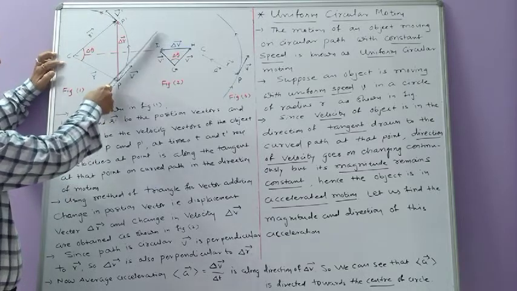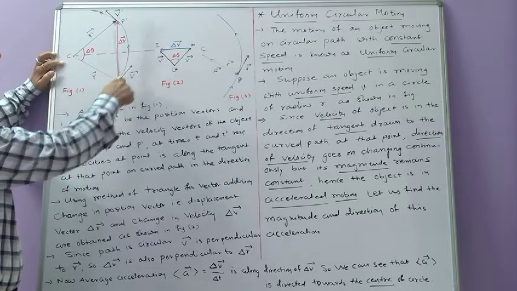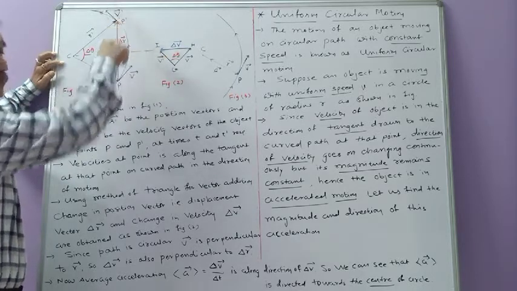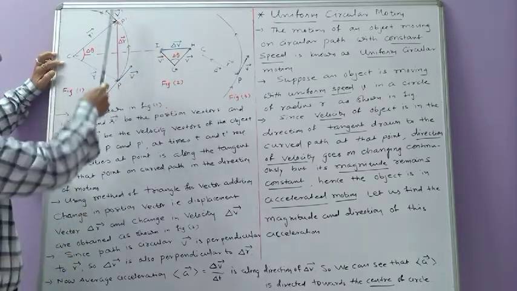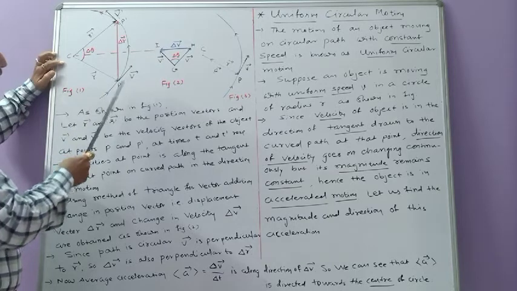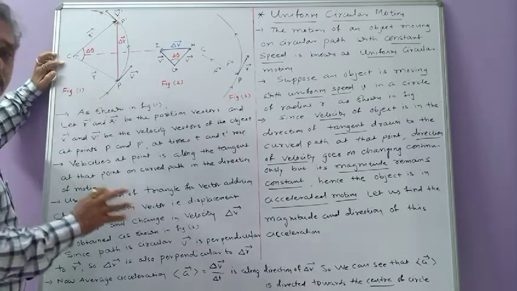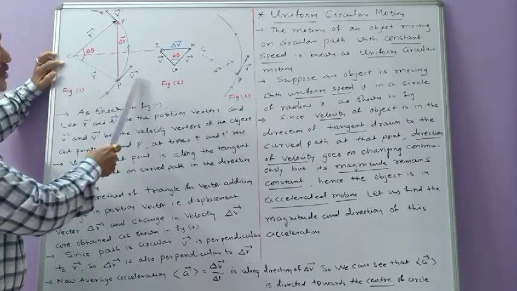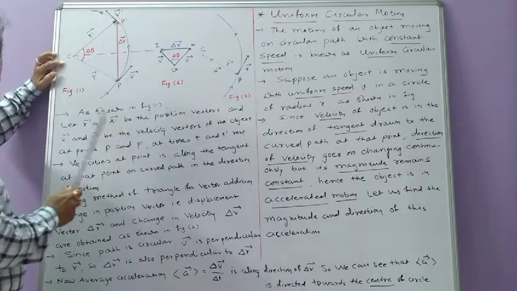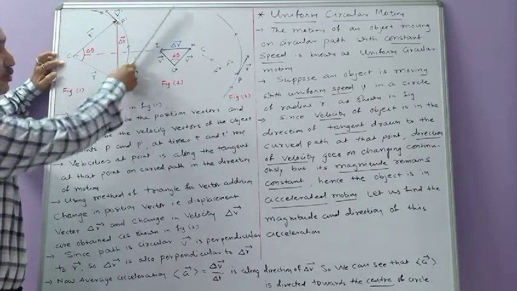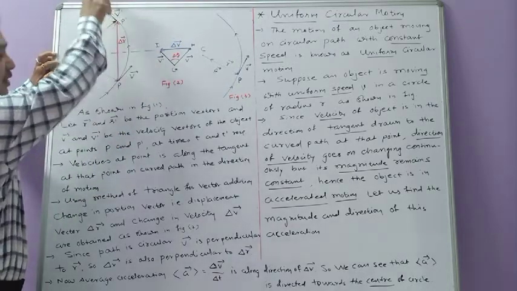In this direction of tangent, velocity is v. In this direction of tangent, velocity is v dash. So vectors v and v dash are different in direction, but magnitude is the same. Suppose here it is 10 meter per second, this is also 10 meter per second, but here the direction is along this tangent, and here the direction is along this tangent.